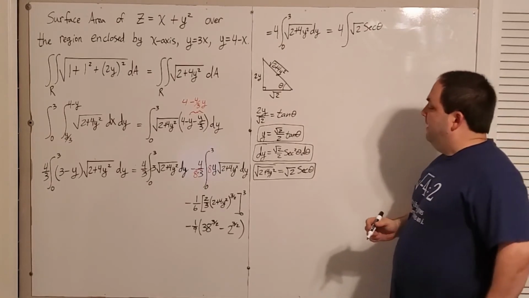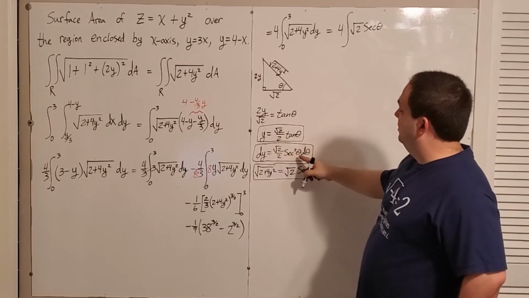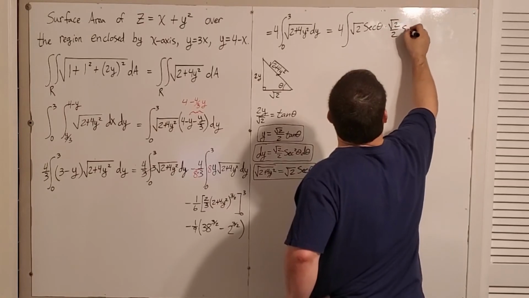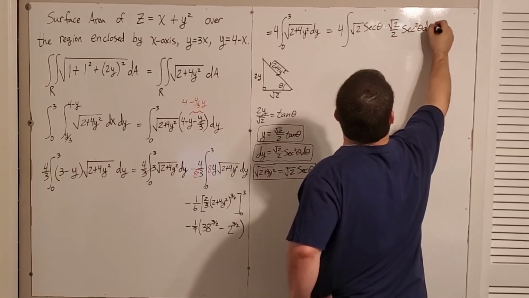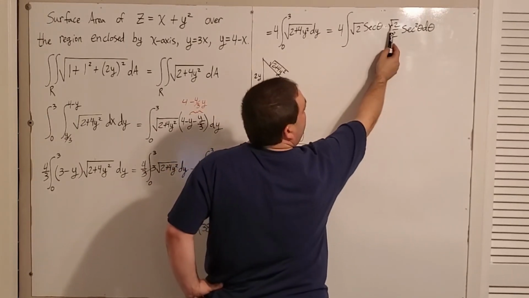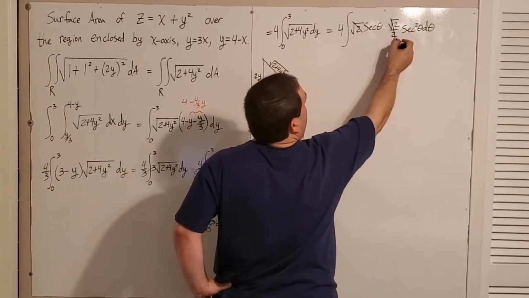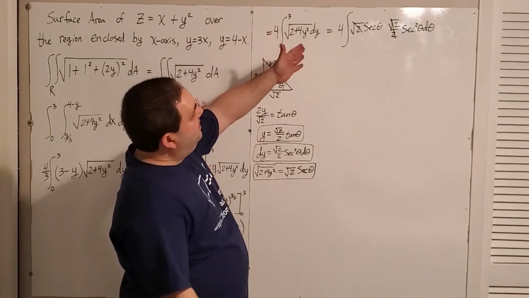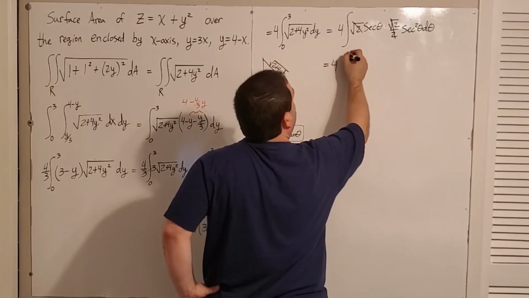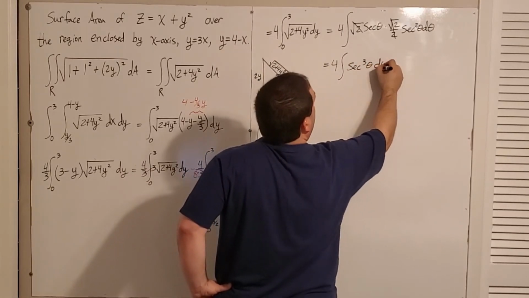And then dy is equal to square root of 2 over 2 secant squared d theta. All right. So square root of 2 times square root of 2 is 2. Over 2 is really 1. So these become 1. And then secant times secant squared, what I end up with is 4 times the integral of secant cubed theta d theta.